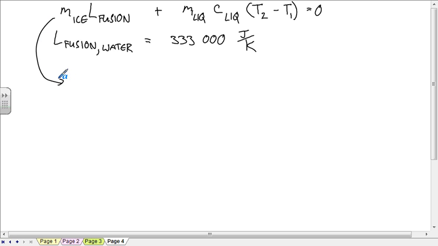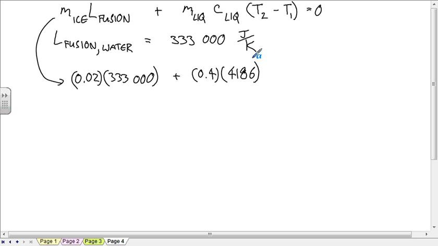Okay, so this equation becomes 0.02 times 333,000 plus 0.4 times 4186 times T2 minus 20.